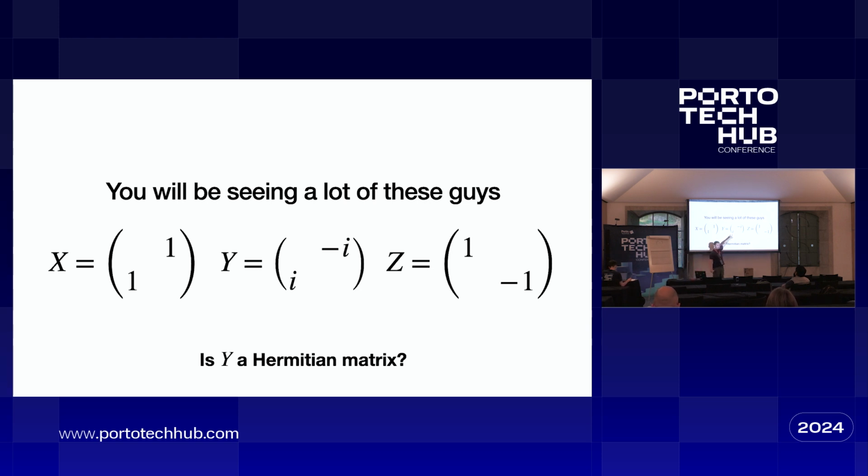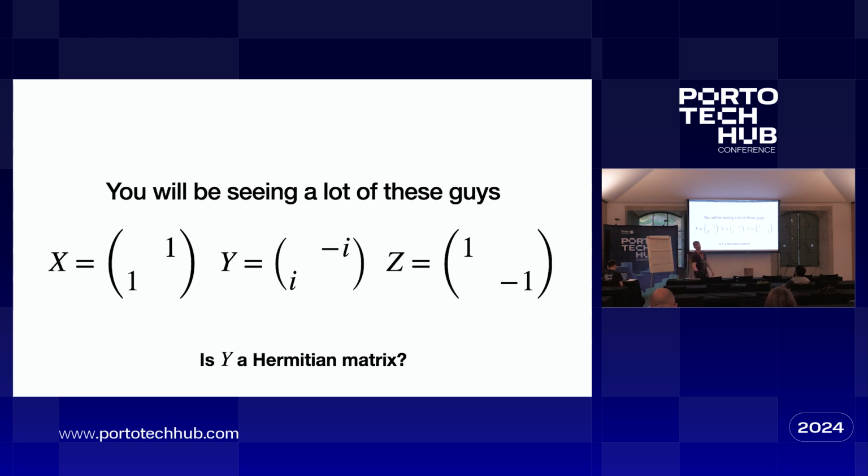Let's transpose this first. What happens? Now conjugate it. So it's Hermitian. All three of those matrices are Hermitian.